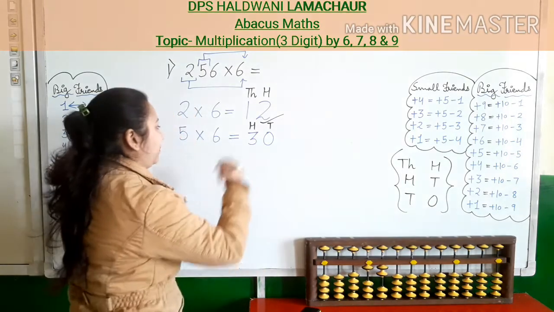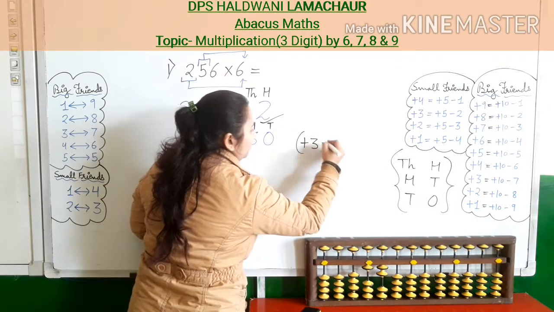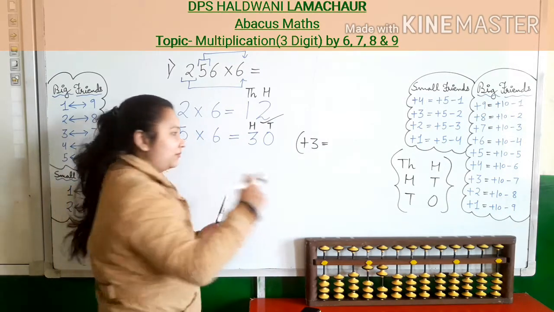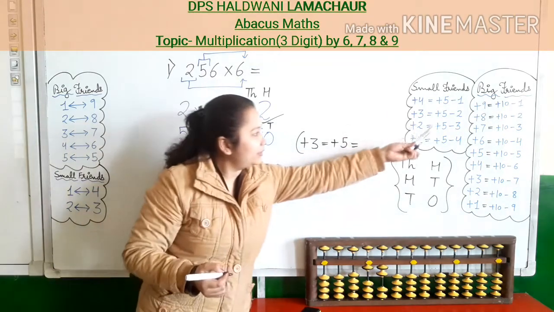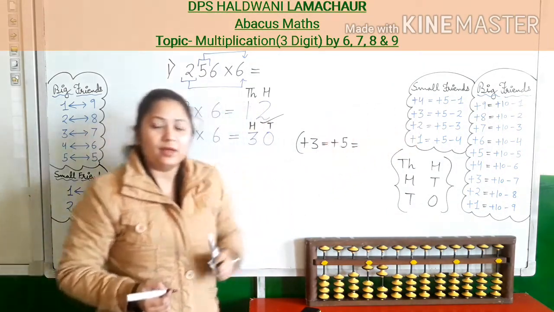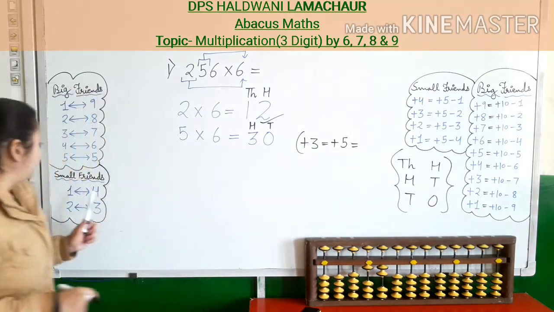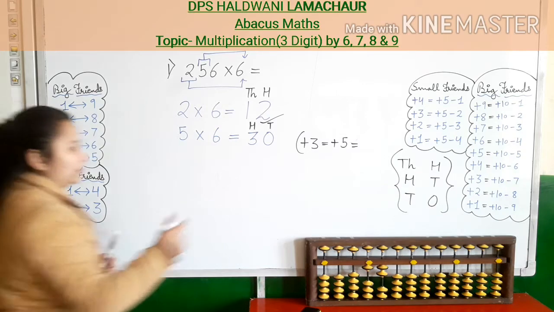Now first of all we will apply the small friend for this. Now for adding 3, the first number which you will add is 5. Very good. See there, for adding 3, plus 5. Now subtract the friend. Now who is the friend of 3? In small friends, 3 is the friend of 2. Subtract 2.